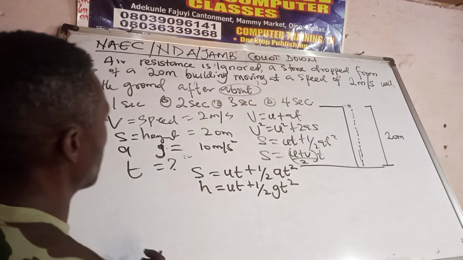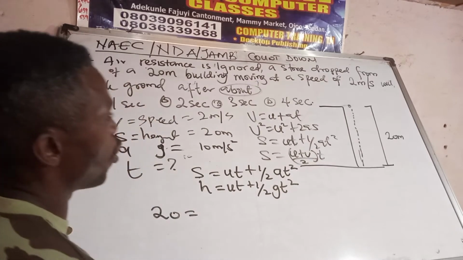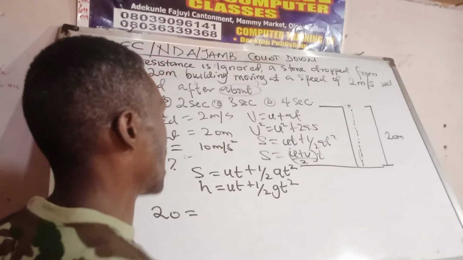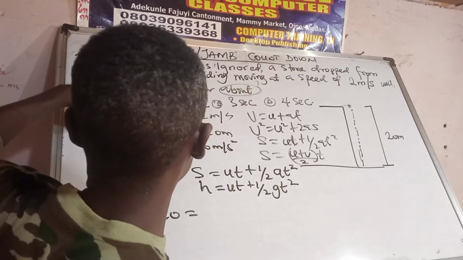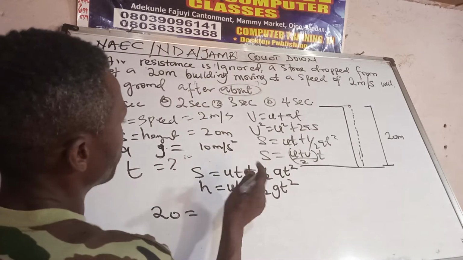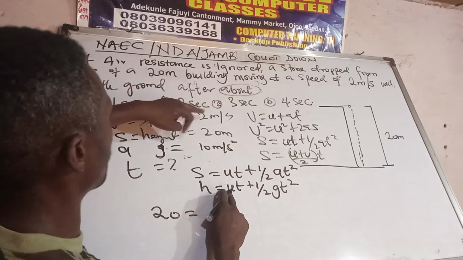Now let's have it here. 20 equals, you should know this one is coming from up to down, the initial velocity, my U here, becomes 2 meters per second.